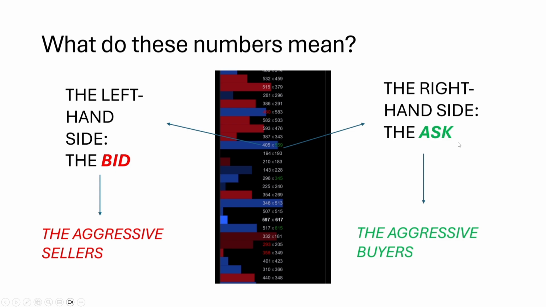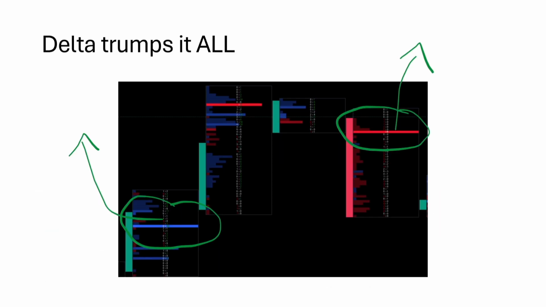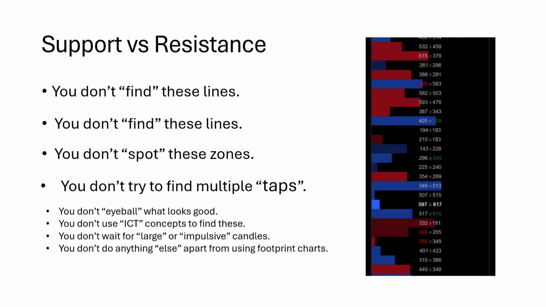And what that means, or how we need to interpret that, is that there are more aggressive sell orders. Okay, so we have blue delta, which is more aggressive buy orders, and we have red delta, which is more aggressive sell orders. And this is the thing I want to finish off on, and this is the hard sort of lesson. In trading, everything comes down to support and resistance, or the words I like to use, supply and demand.